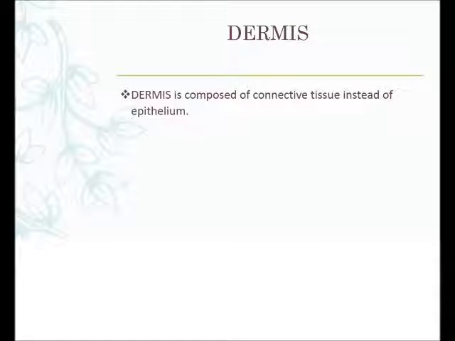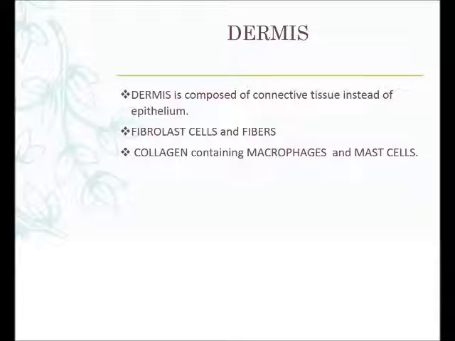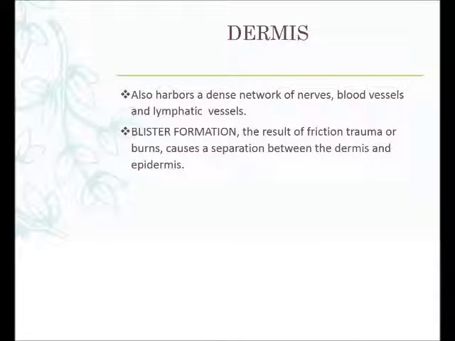The dermis is composed of connective tissue instead of epithelium. It is a rich matrix of fibroblasts and fibers, collagen containing macrophages and mast cells. The dermis also harbors a dense network of nerves, blood vessels, and lymphatic vessels.